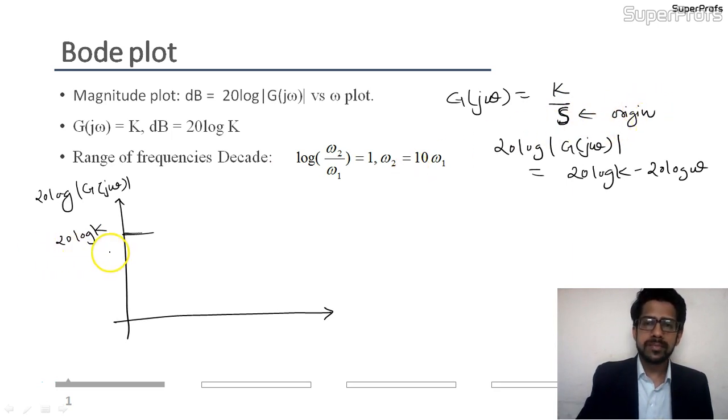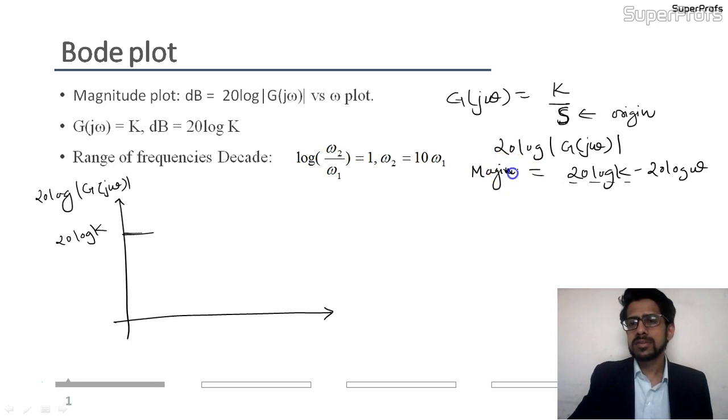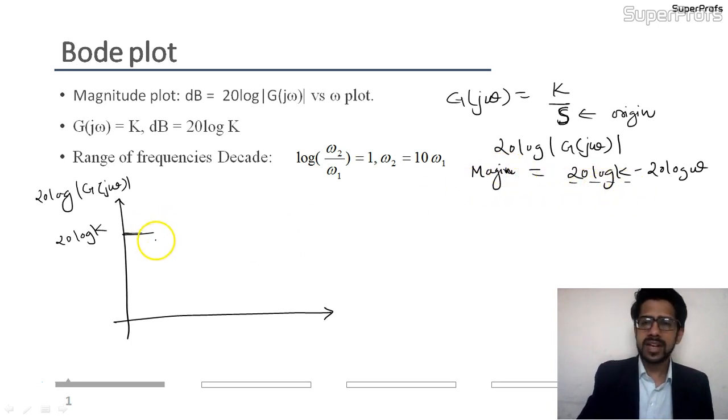So from the origin itself, from this particular value 20 log K, this is my magnitude value. This is the equation of a straight line with slope minus 20 log omega. And for a decade change in frequency, I will have minus 20 dB per decade. So this is my 20 log K, and this is my Bode plot.